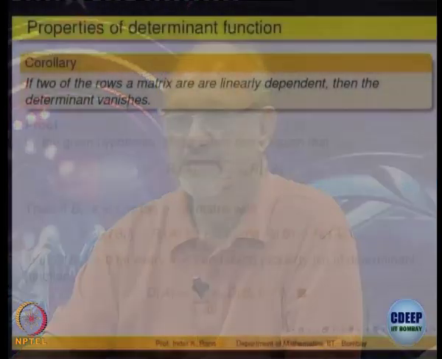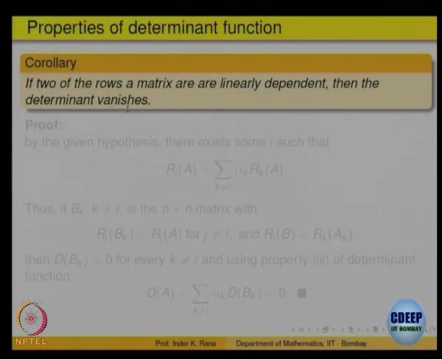So, if you put that linear combination and expand, you will get two rows identical in the expanded ones. So, all will be equal to 0. So, the determinant vanishes. That vanishes means it does not disappear, right. That means the determinant is equal to 0. A better word is the determinant of that matrix is 0. It is a very loose English saying the determinant vanishes, okay. It does not disappear, it becomes 0.